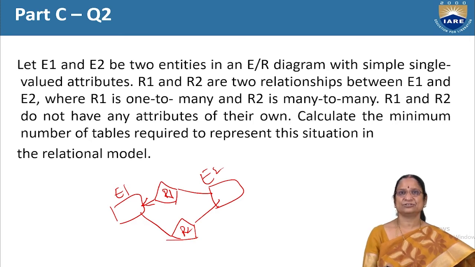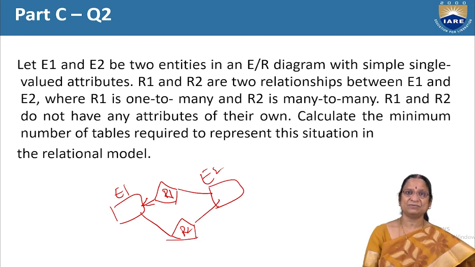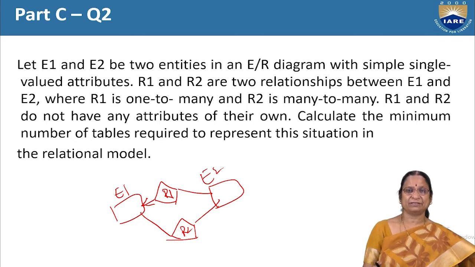Then we need to find out how many minimum number of tables are required in a relational data model. That means the conversion of ER model into relational model is to be considered by us. While converting an ER model into a relational model, we discussed some set of rules in the previous lecture, where everything was explained elaborately.